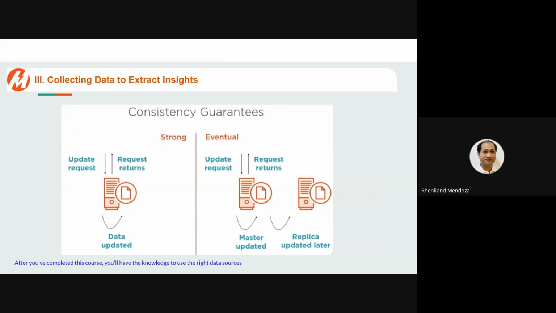The request will return first. The replica will be updated later. Now, before the replica updates, if a request for this data is received on the replica, you might receive stale contents in the response. So this is what I meant by eventual consistency. It's not immediate.